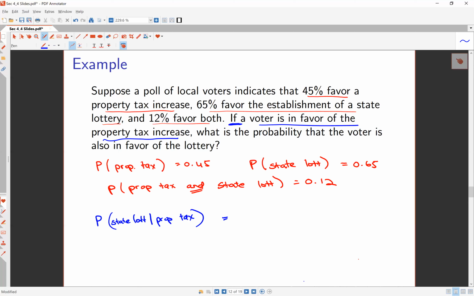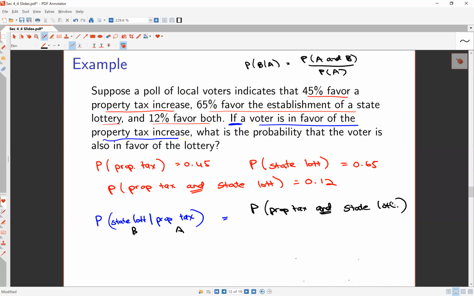And our formula says, remember, probability of B given A is equal to the probability of A and B divided by the probability of A. So if we match A and B to these statements, then this will be the probability of both property tax increase and state lottery divided by the probability that they favor a property tax increase.